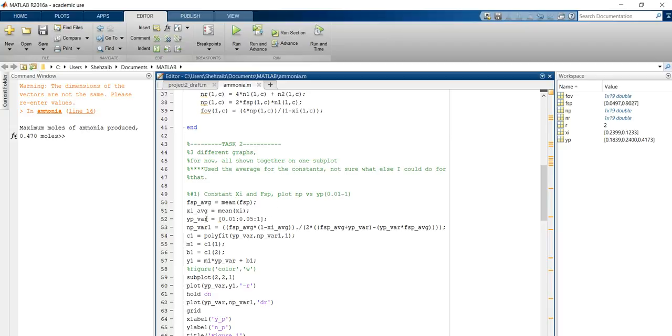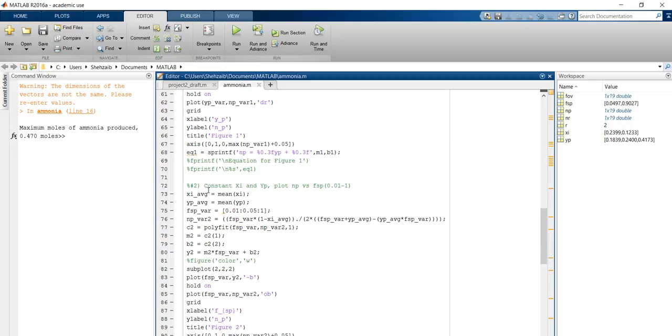And we will generate a vector of variable length from 0.01 to 1, in increments of 0.05, and then we will find how that change relates to the number of moles of ammonia produced. Once we calculate that, we plot it on a graph, and then we see how that affects the equation for ammonia production.